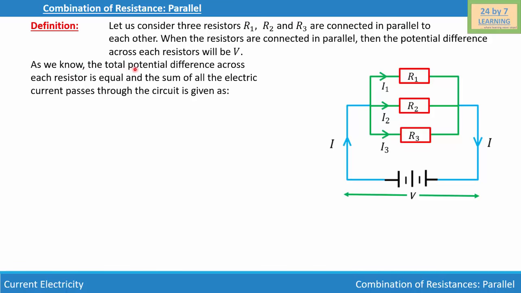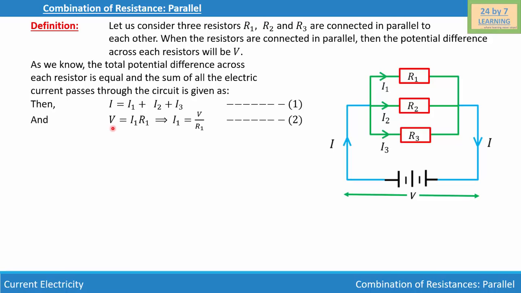As we know, the potential difference across each resistor is equal, and the sum of all the electric current passing through the circuit is given as I is equal to I1 plus I2 plus I3, because this current I is coming all the way to this point and the current is divided into three different small currents I1, I2 and I3. So we can write I is equal to I1 plus I2 plus I3, and let this be our equation number 1.